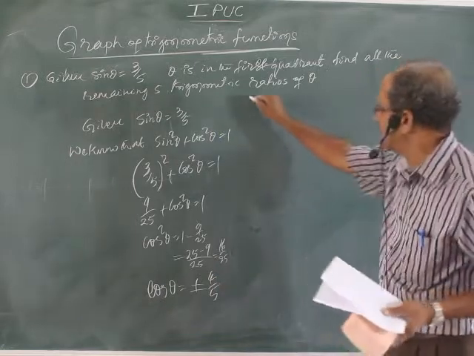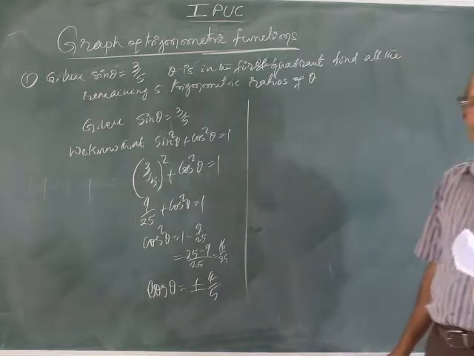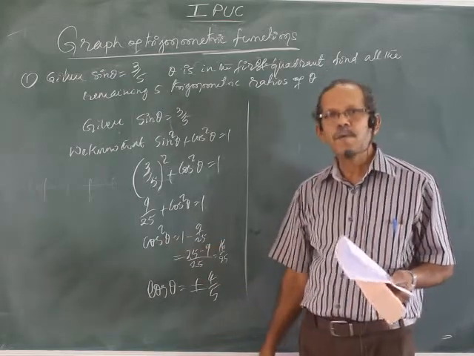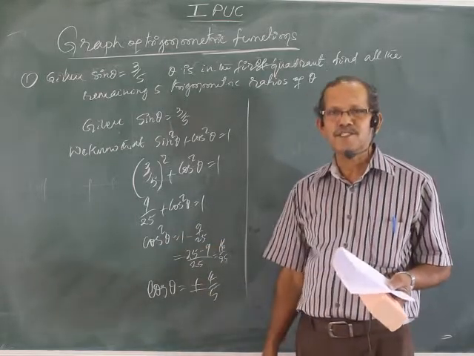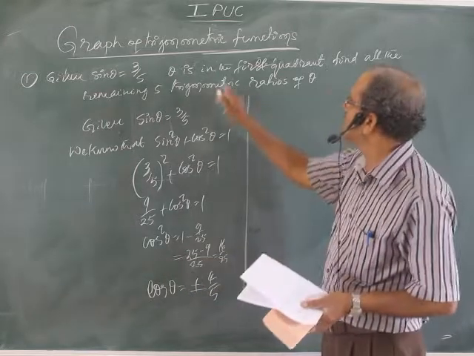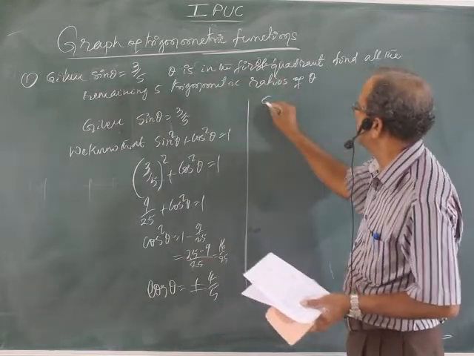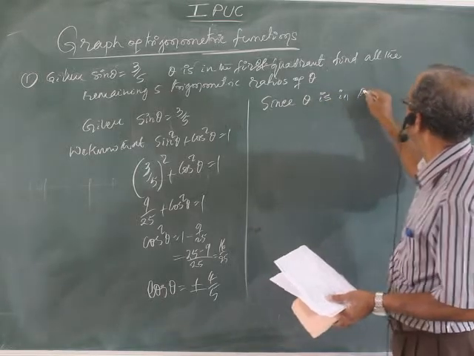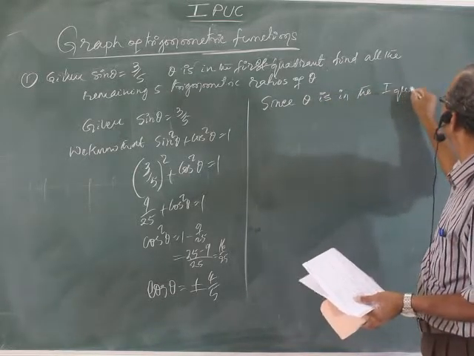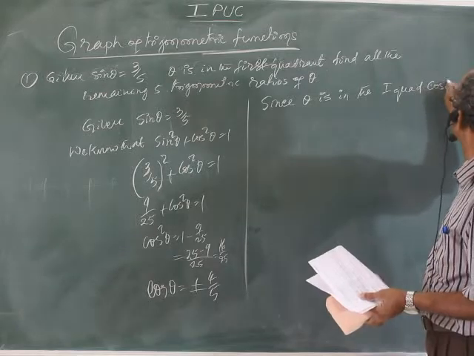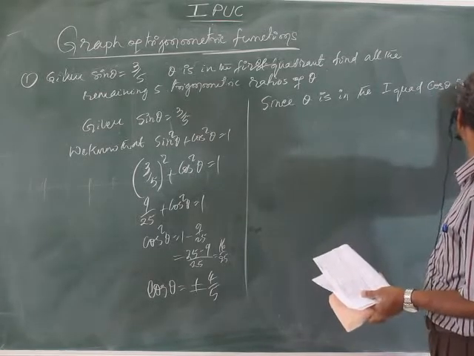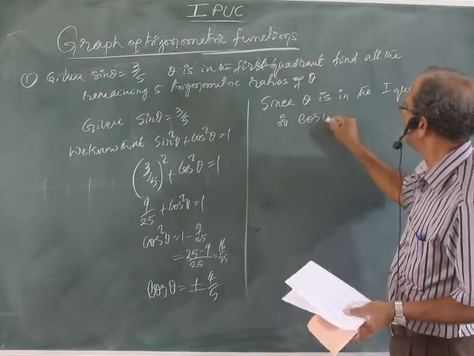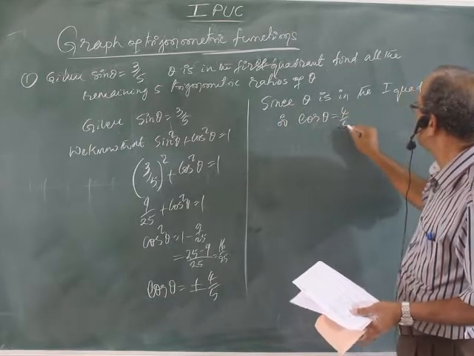Let me write that first, then you decide. Because the square is 16 by 25, there are two values for cos theta. Since theta is in the first quadrant, cos theta is positive. Therefore, cos theta equal to 4 by 5.